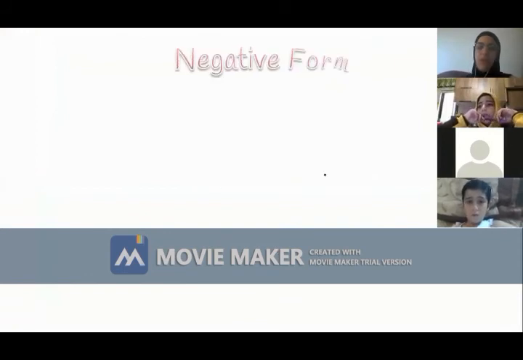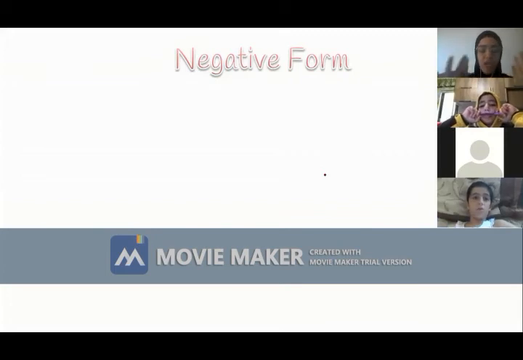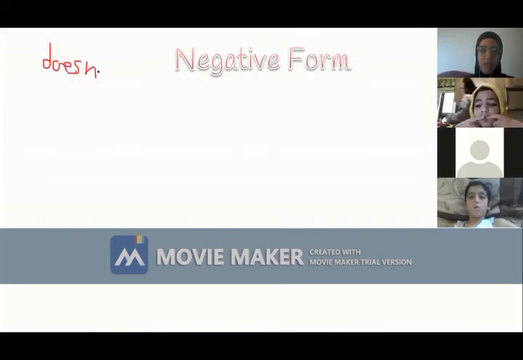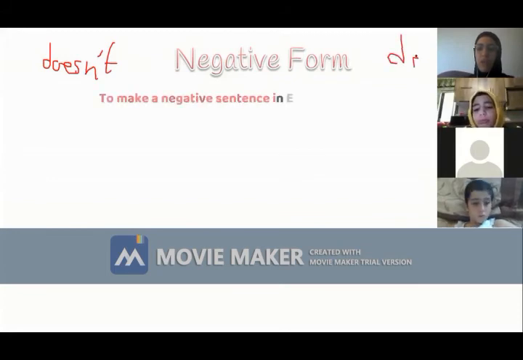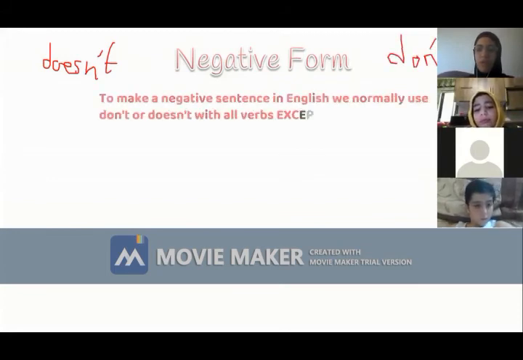Now I have to move to the negative. When I say negative, I mean not, it's not happening. So how do I show that the verb is not happening in the simple present tense? I have to use two things: does not or doesn't, and do not or don't.